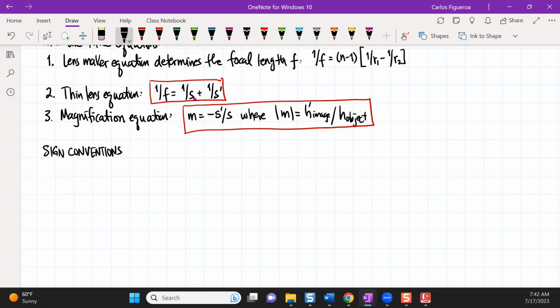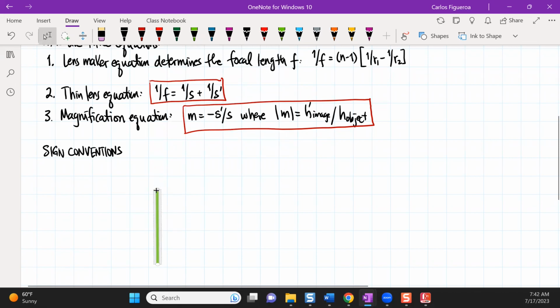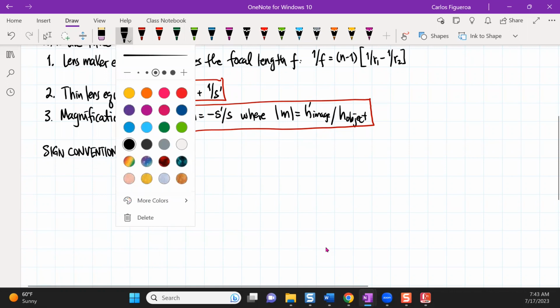So if I have a lens, remember, we're going to be looking at small lenses here, so I'm going to reduce this in size. If I look at this, what is it that I'm actually seeing here?